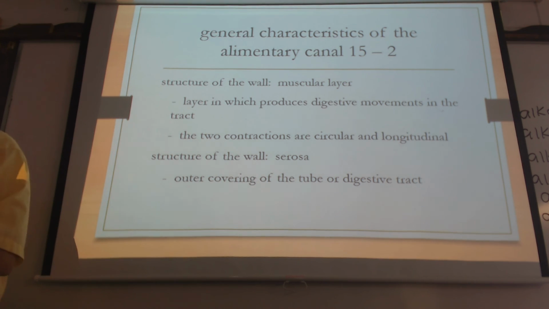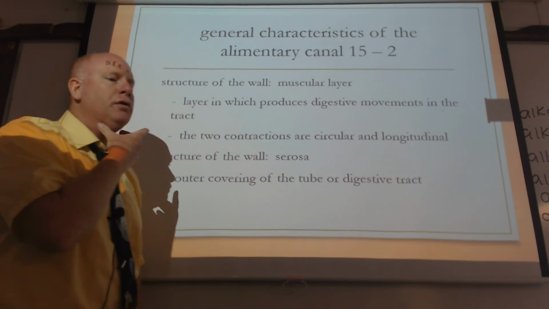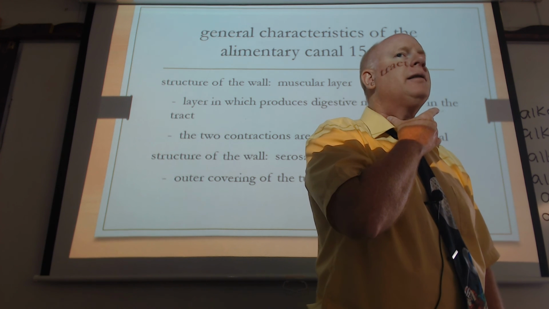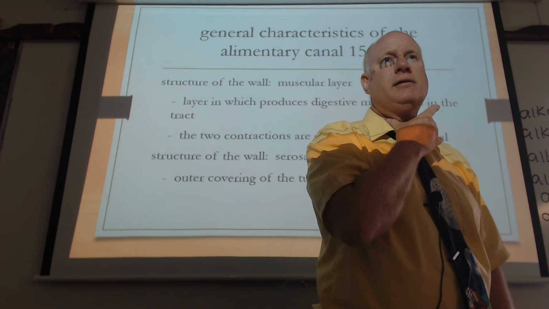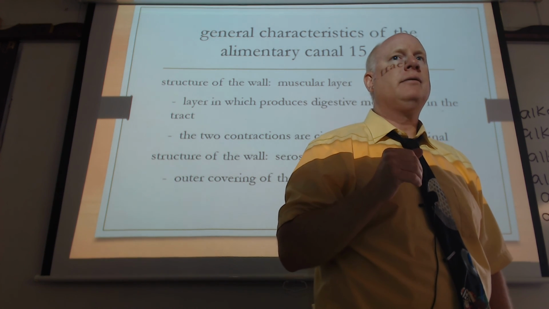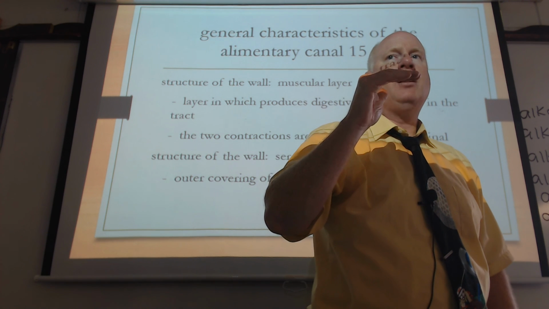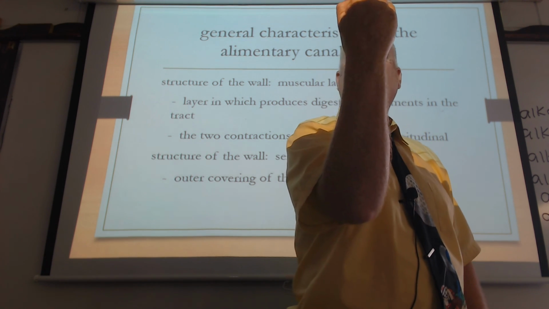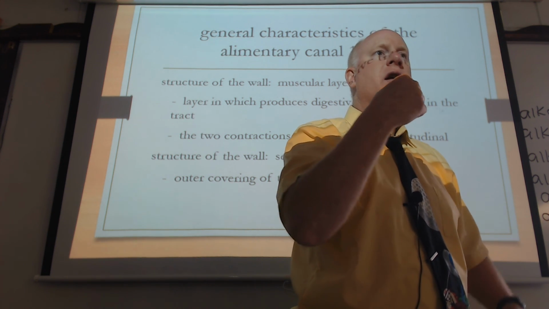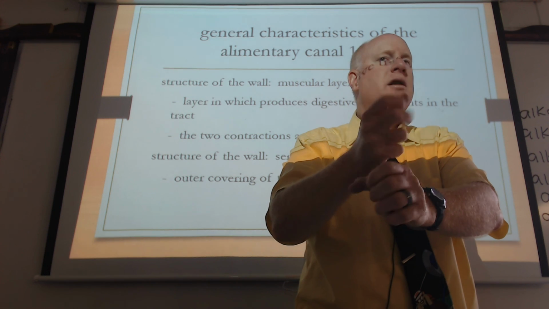Now, you might think, okay, what about your esophagus? How does food get from the back of your glottis or epiglottis? Remember which one's which? Which one sits up on top? The epiglottis is on top, the glottis is on bottom. So when that flap covers your trachea, so you don't get anything in there, that's when these types of muscles, they're only circular.